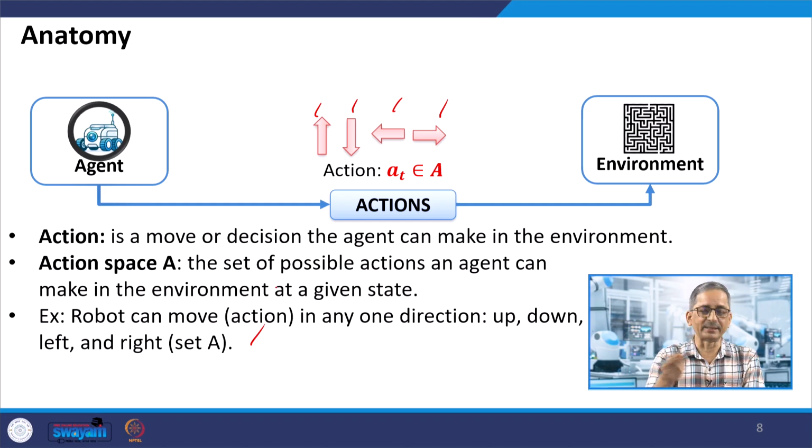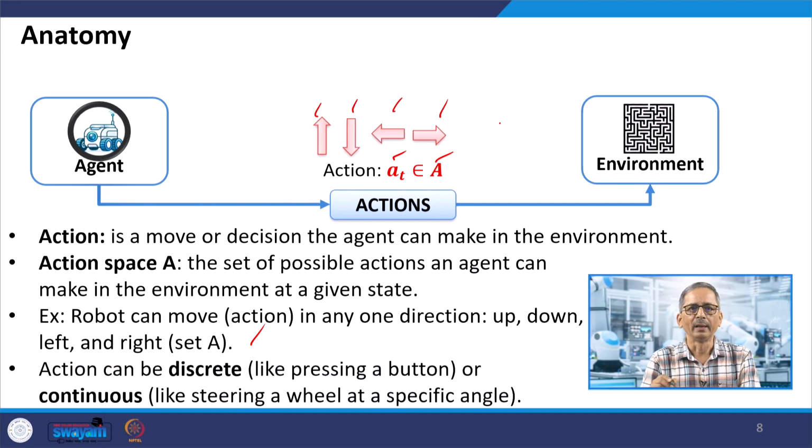Any action is going to be a member of your action space. These actions could be discrete, like pressing a button, or continuous, such as steering a wheel at a specific angle.